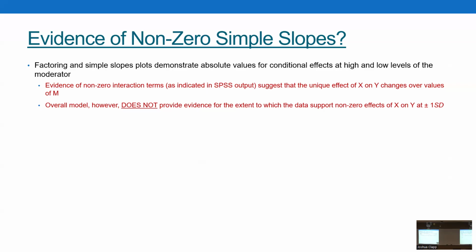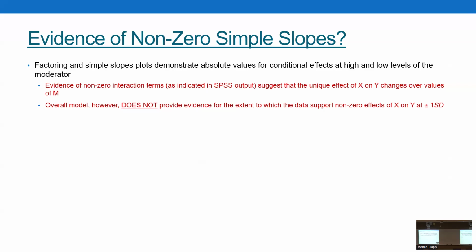So if I have a non-zero interaction in my overall model, I found evidence of an interactive effect. This tells me that the unique effect of x on y changes over values of my moderator, okay? If that interaction term is significant, that's evidence, and maybe not strong evidence, right? So we've been working on this for a while, but we at least have evidence that the effect of my base variable on my outcome differs depending on this other variable.